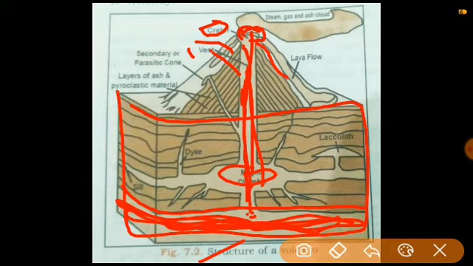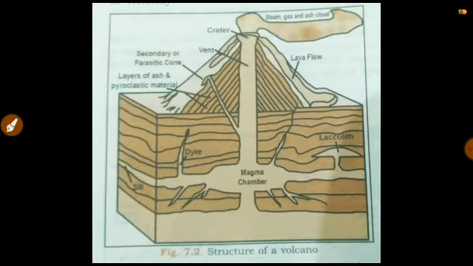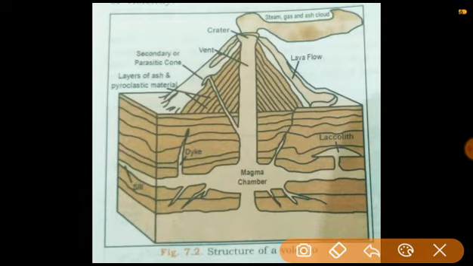You can see that when this lava comes out, it generally forms a dome-like, mountainous structure, and this structure is called the volcano. This structure is formed due to the flow of lava. Then you can see gas, steam and an ash cloud, which are also ejected from the volcano.